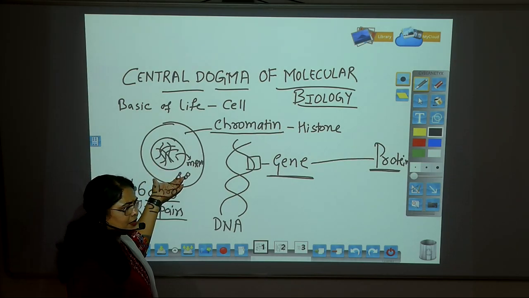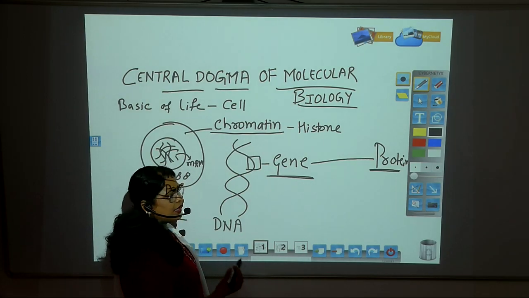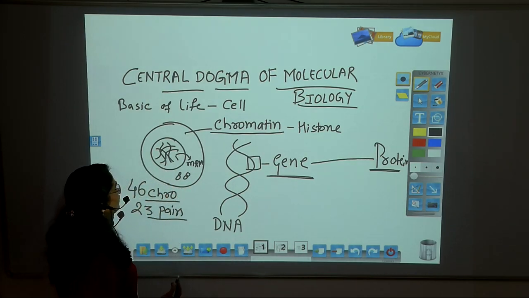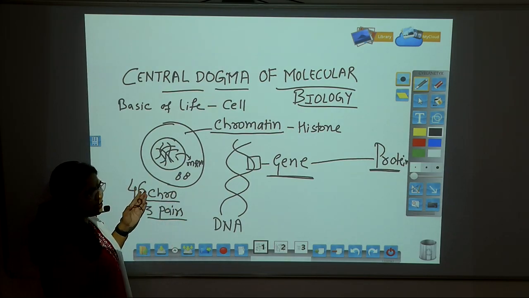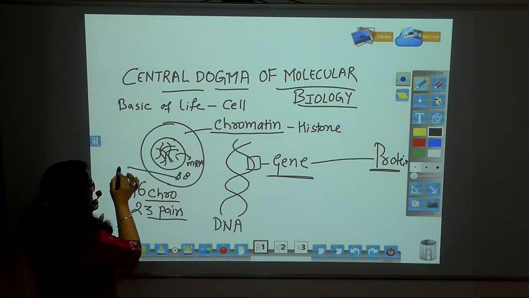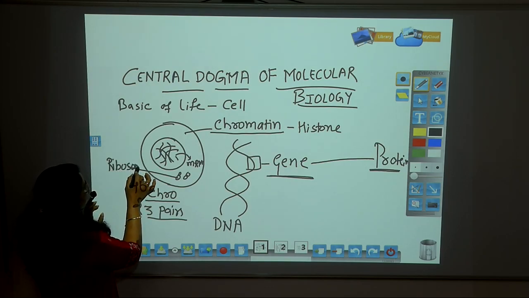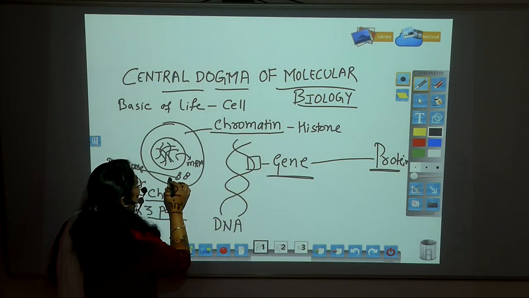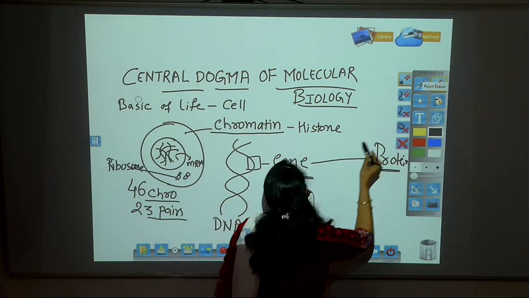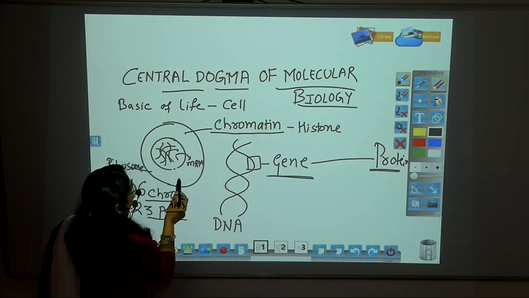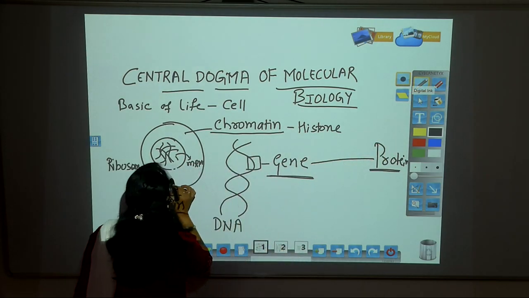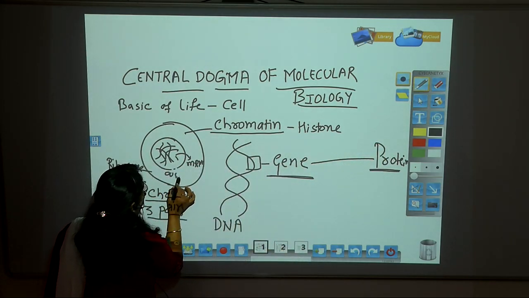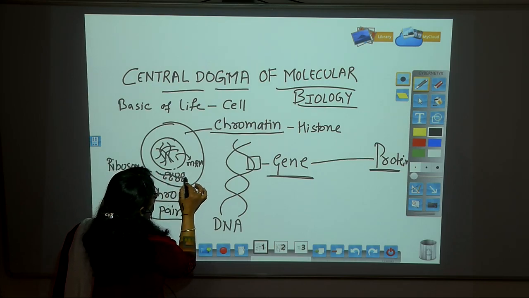Why cytoplasm? Because the machinery for the synthesis of protein is present in the cytoplasm. That is the ribosomes. Ribosomes are called the protein synthesis machinery. They are present in the cytoplasm. This is the ribosome, and this is the messenger RNA.